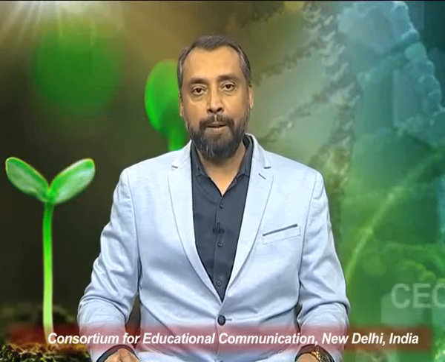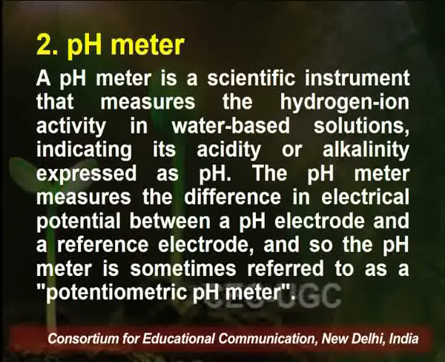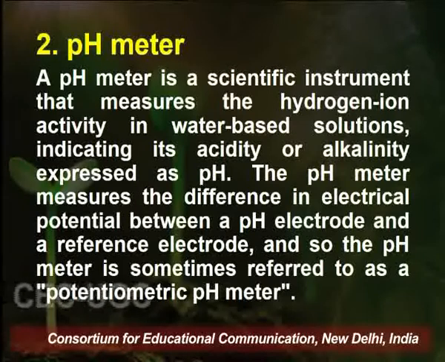Now the next basic instrument happens to be a pH meter. A pH meter is a scientific instrument that measures the hydrogen ion activity in water-based solutions. It indicates its acidity or alkalinity, and they are expressed as pH.